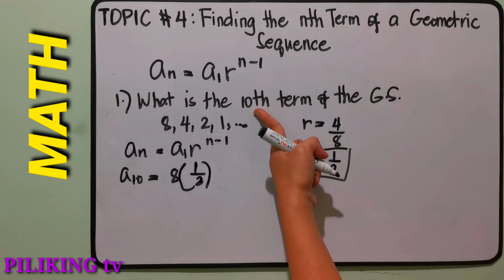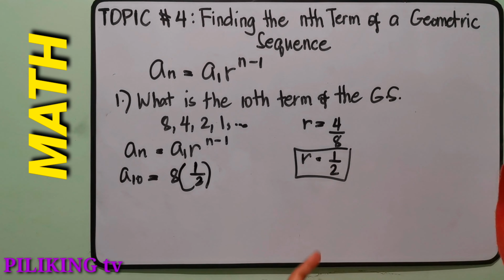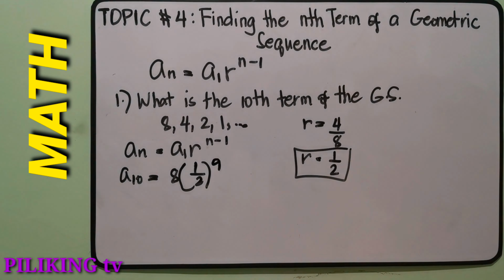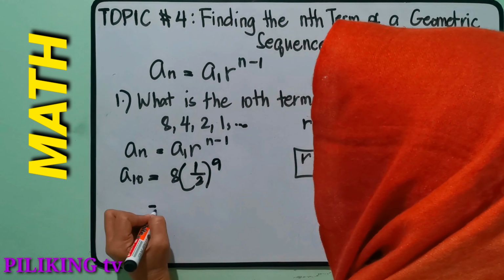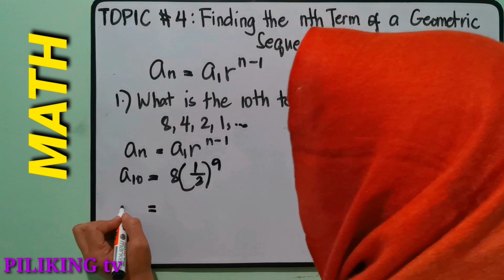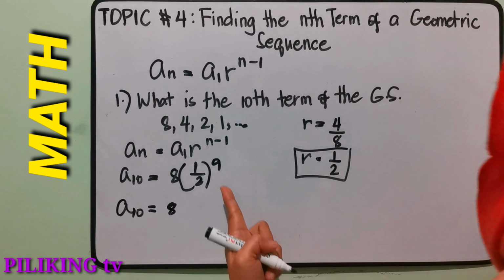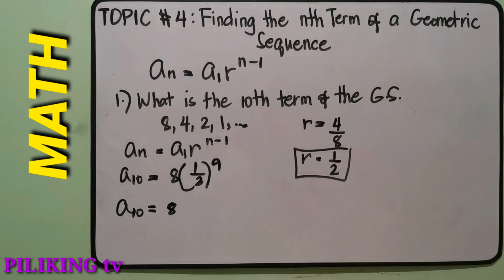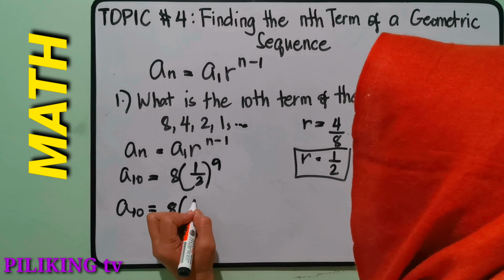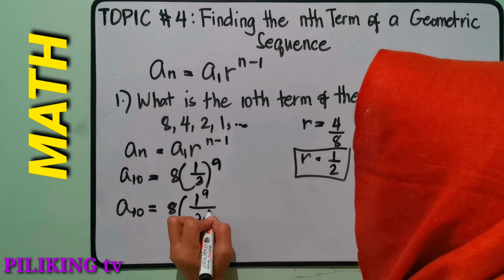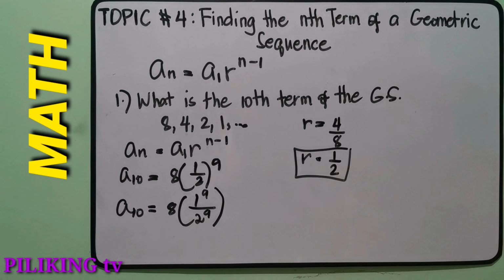Since we are looking for the 10th term, we have 10 minus 1, so that is 9. So a sub 10 is equal to 8 times 1 half raised to 9. Now since we have the exponent 9, you simplify first 1 half raised to 9. That is equivalent to 1 raised to 9 over 2 raised to 9.